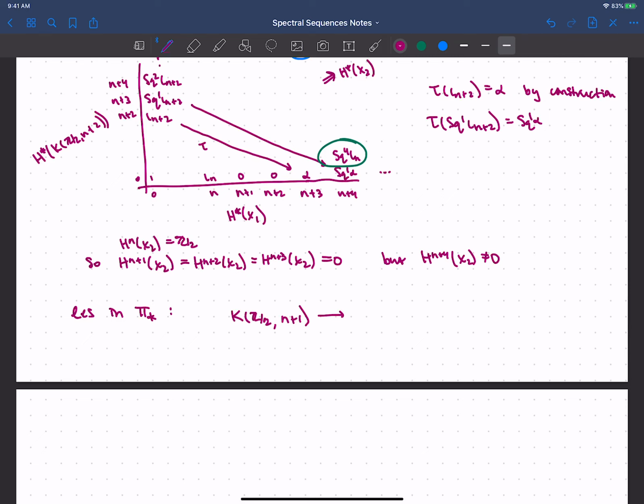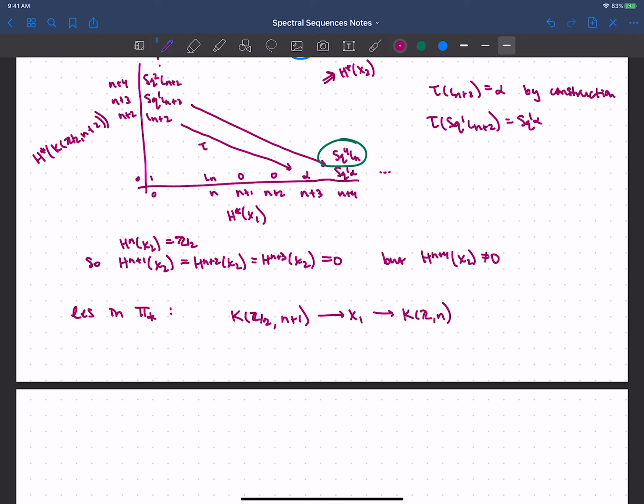I didn't need to say this at the time, so I didn't bother, but I'll need it now. So that was what our fibration looks like with X1 as the total space. And notice that we'll only have interesting homotopy groups in degree n+1 here and degree n here. And so away from that, I've got a whole bunch of zeros.